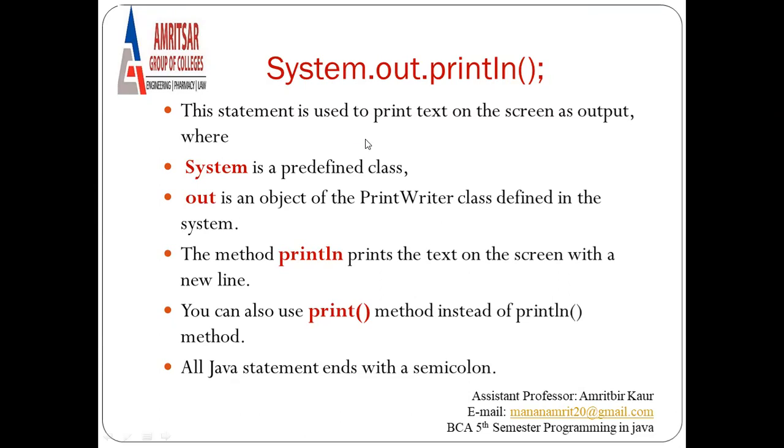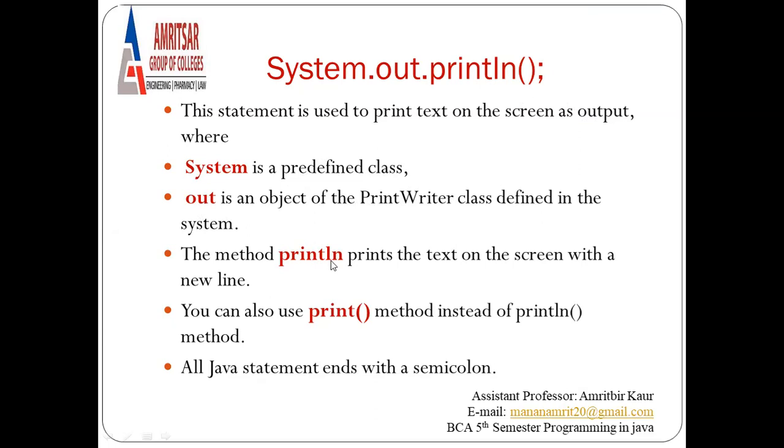This statement is used to print text on the screen as output, where System is a predefined class. System is a Java inbuilt class which contains input and output related classes. Out is an object of a output related class, that is the PrintWriter class defined in System.